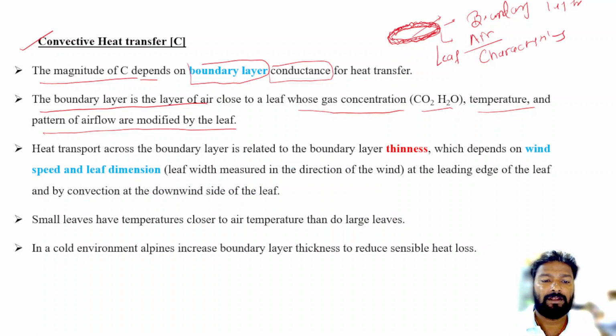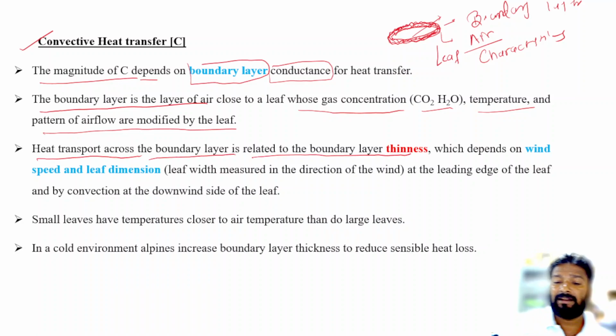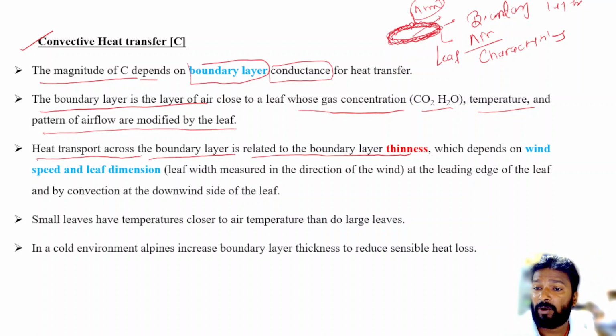Okay. So the heat transport across the boundary layer is related to the boundary layer thickness or thinness. So the heat transfer from the leaf to the atmosphere depends upon the thickness of this boundary layer, which also depends upon the atmospheric conditions, external factors such as wind speed, and leaf dimensions.